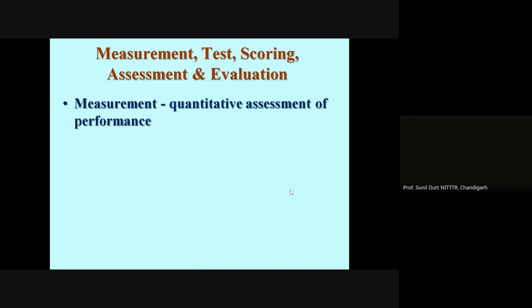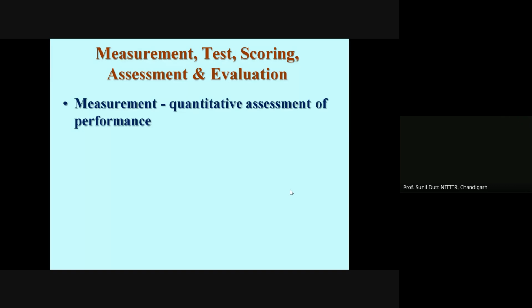So, measurement means the quantitative assessment of a student's performance. Measurement means obtaining a numerical description of the degree to which an individual possesses a particular attribute or characteristics. That is, it is concerned with how much.